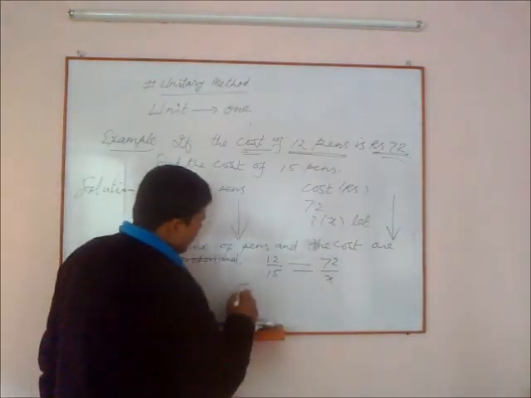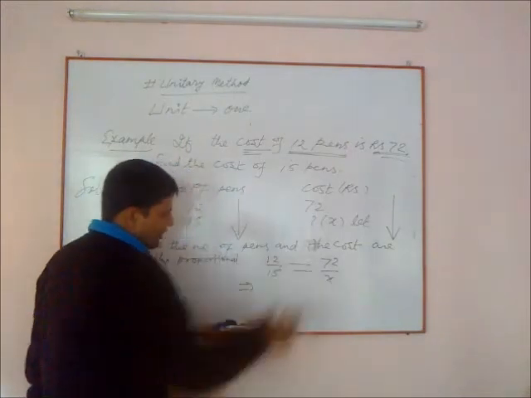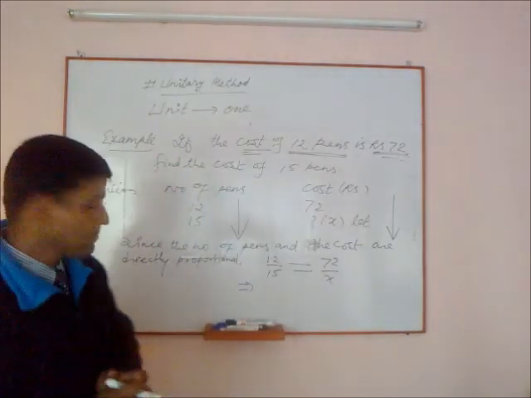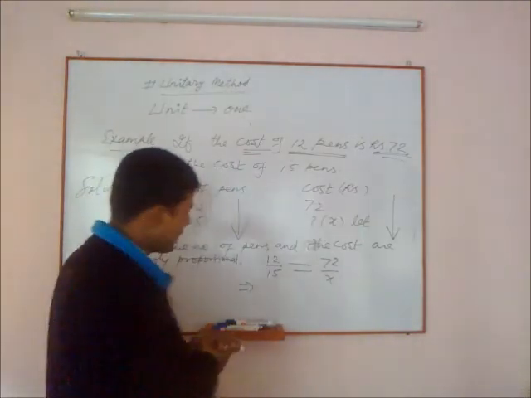When two ratios are equal, we can cross multiply. Their cross products will be equal.